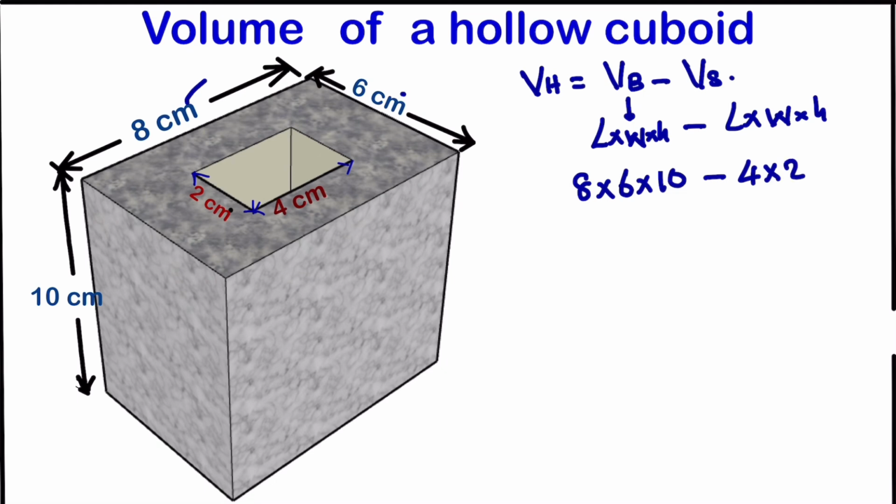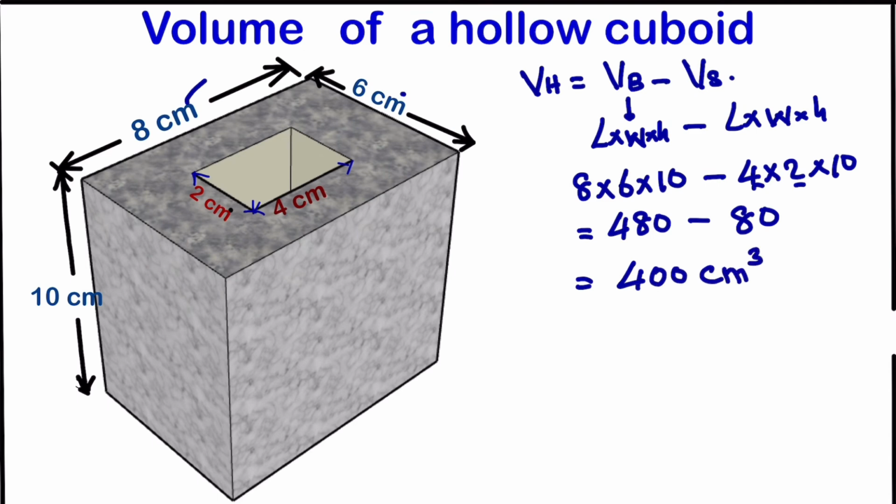The height remains the same, which is 10. So if we multiply this, 8 times 6 times 10 is 480, minus 4 times 2 times 10 will give us 80. So our answer will still be the same, 400 centimeter cube. So this is the volume.